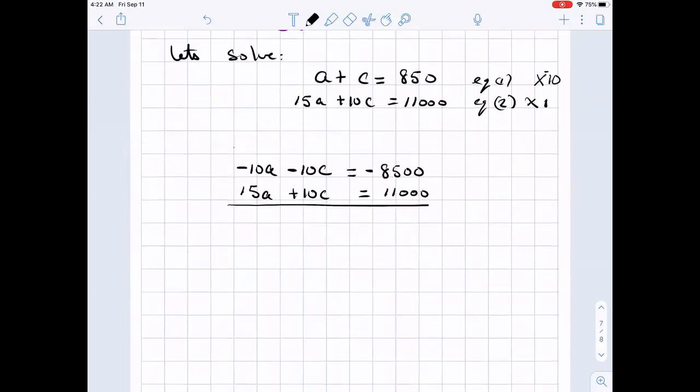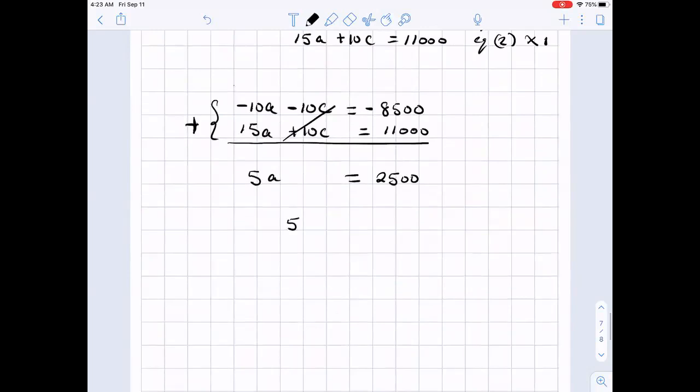Remember we said we're using the elimination method. So if you add these, you always add. This becomes 5A. This eliminates 10C. And minus 8,500 plus 11,000 becomes 2,500. We'll divide both sides by 5. So we have A is equal to 500. Okay?